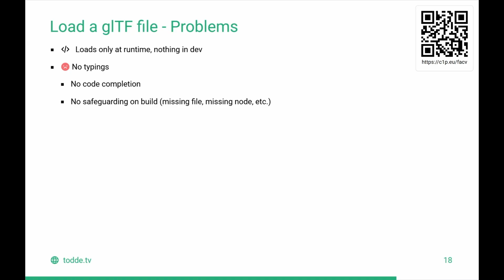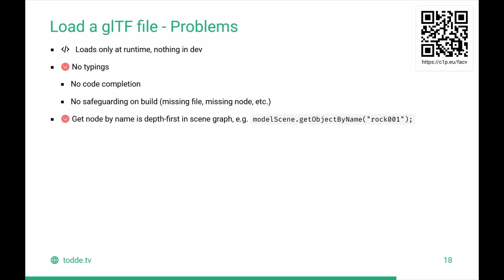Maybe I have this island and I myself placed a little rock at the beach and programmed it like get by name rock, and then someone changed the name in Blender, or Blender itself will change the rock to rock001, and then all of a sudden it will not crash on build, but it will not work in production. So that's kind of weird.